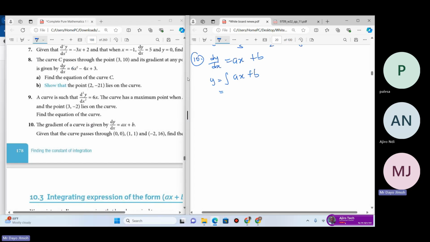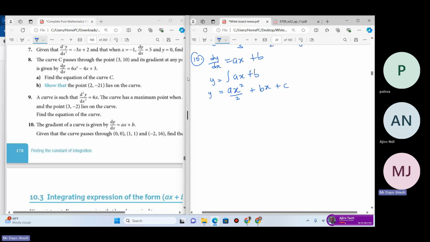What is the integral of ax plus b? It's ax squared over 2, plus bx, plus c.